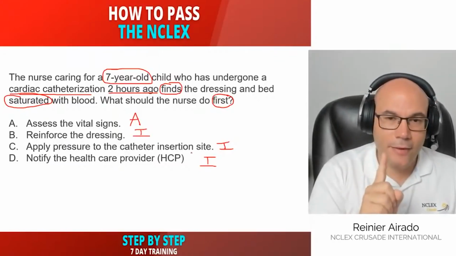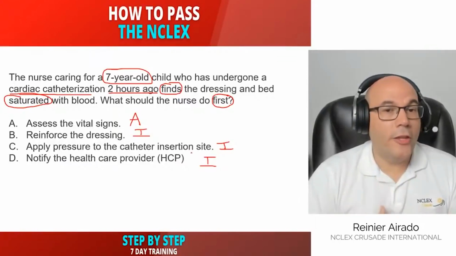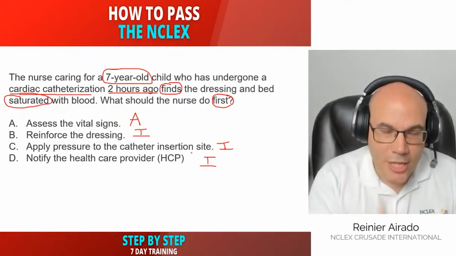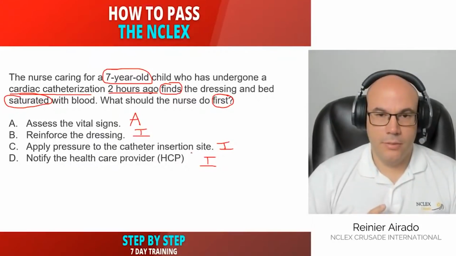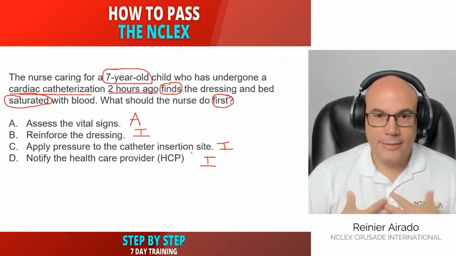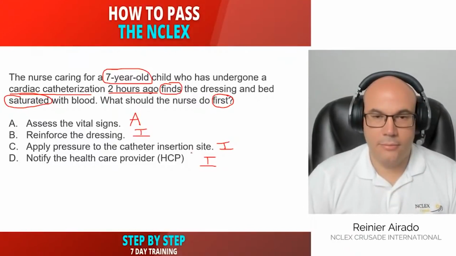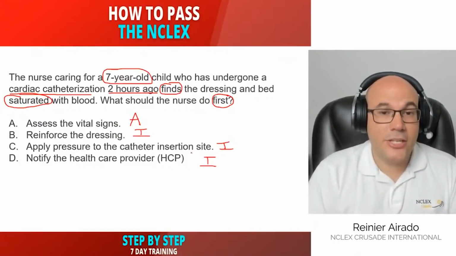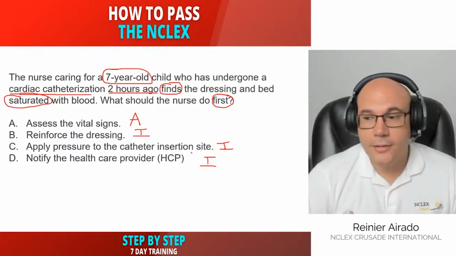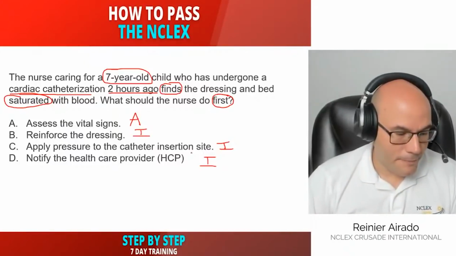If you have a scenario that you have an option to call the doctor, ask this first. Is there something that I can do? Is there something within my scope of practice that as a nurse I can do to help the patient? If your answer is yes, there is something that you can do to help the patient, do it before calling the doctor.